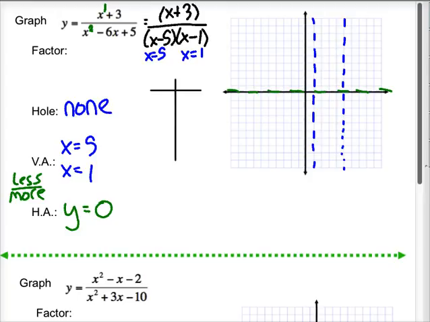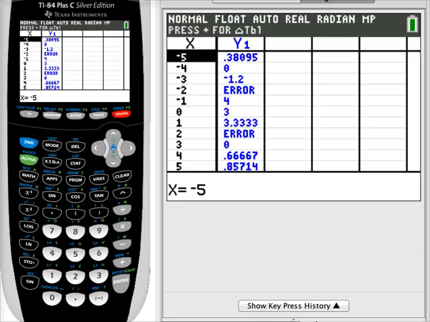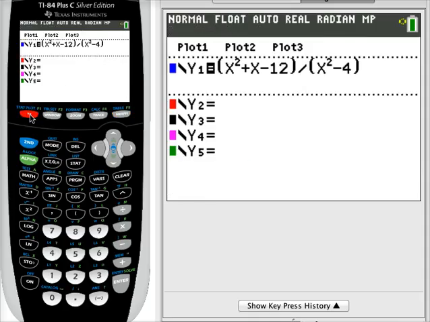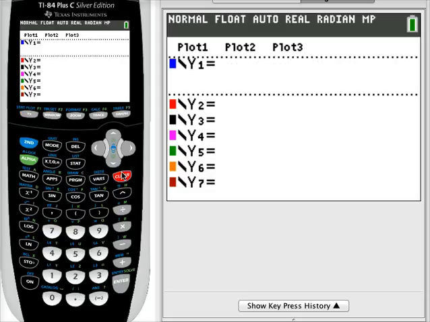And now that we have all of that finished, now we can go look at the general shape, get the calculator to give us a couple points, and then we can move on. So let's go back to our calculator. I'm going to go back to y equals. I'm going to clear out that function that I just had put in, and I'm going to put our new function.